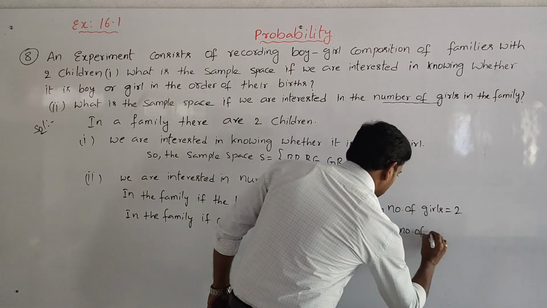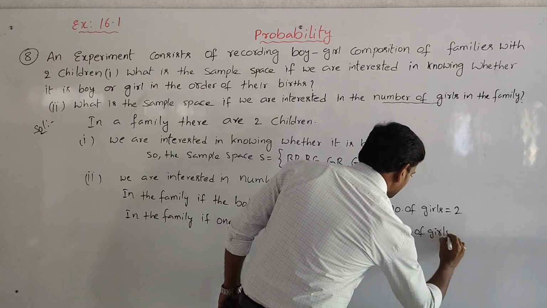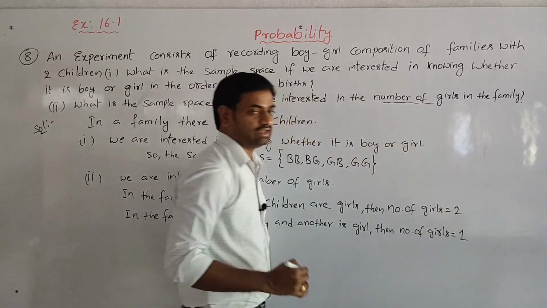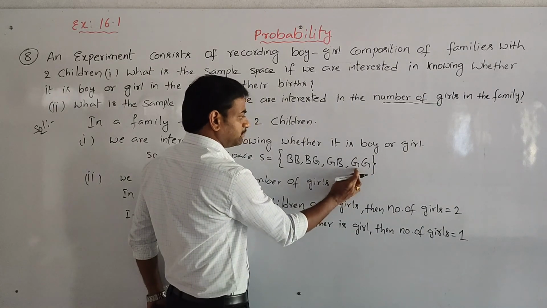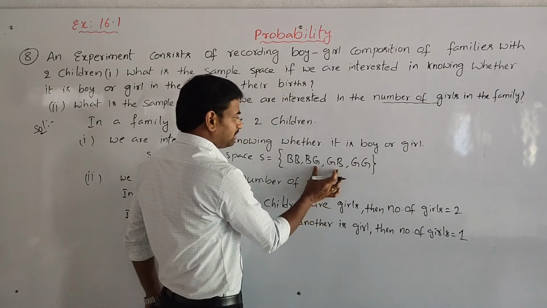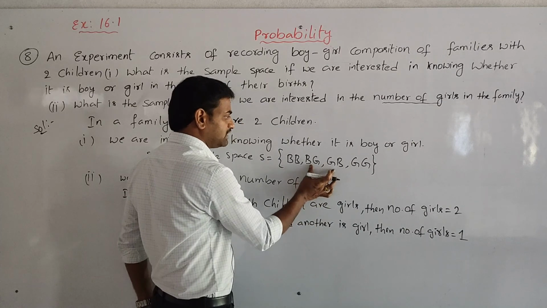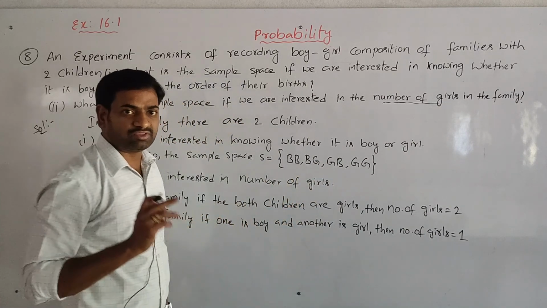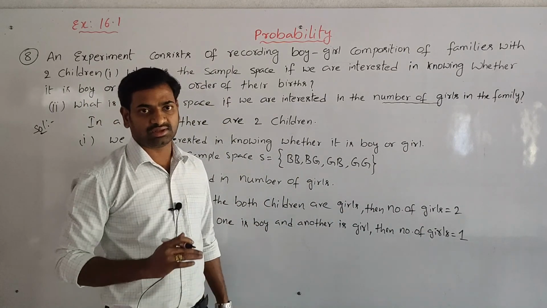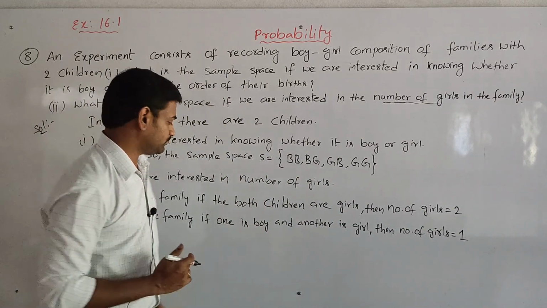Number of girls equal to how many? Only one girl. Like this, in the family there are two girls means number of girls are two. In the family one boy one girl means number of girls are only one. Now in the last case, if both the children are boys, the number of girls are 0.